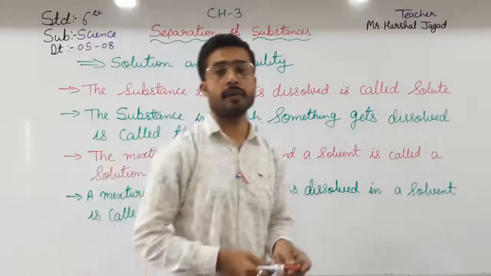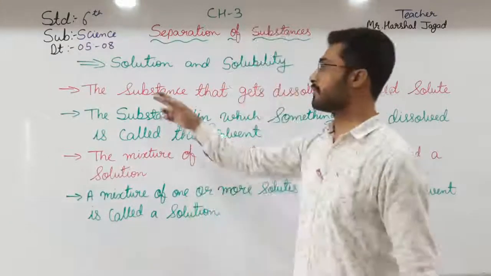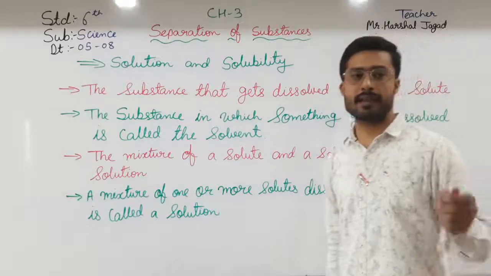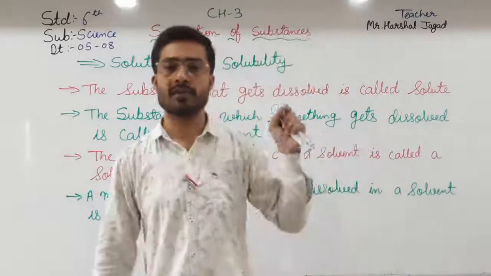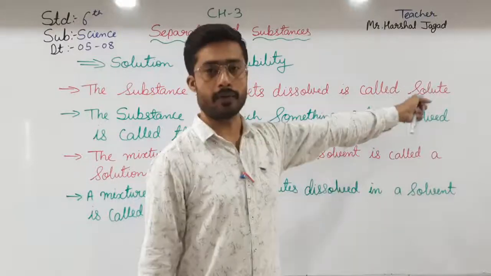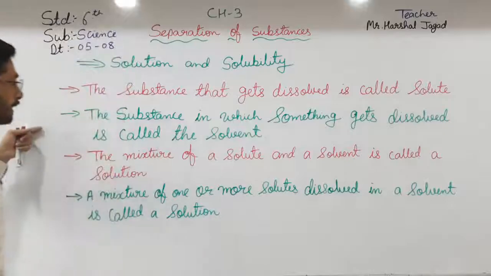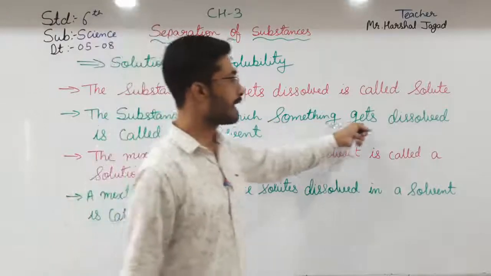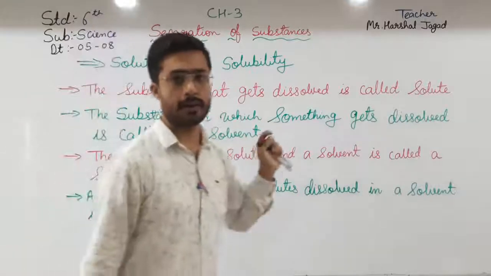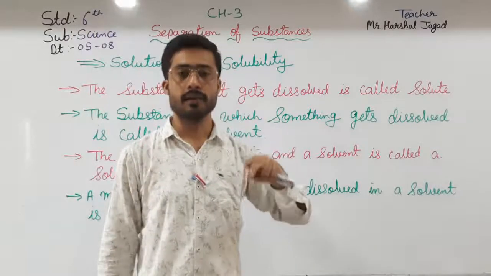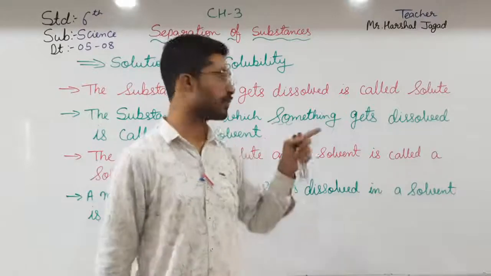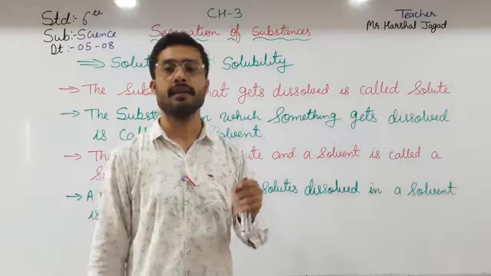Here, first of all, solute. So what is solute? The substance that gets dissolved is called solute. Means in the sugar and water, the sugar gets dissolved in water, so that is known as the solute. Then solvent, the substance in which something gets dissolved is called the solvent. So in sugar and water, the sugar is dissolved in water, so the water is known as the solvent.